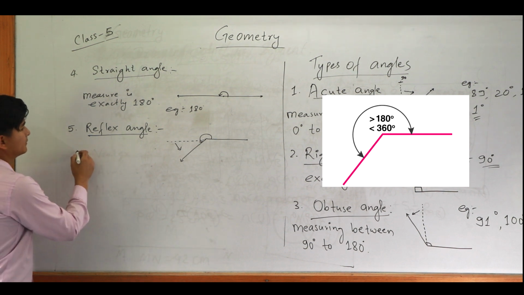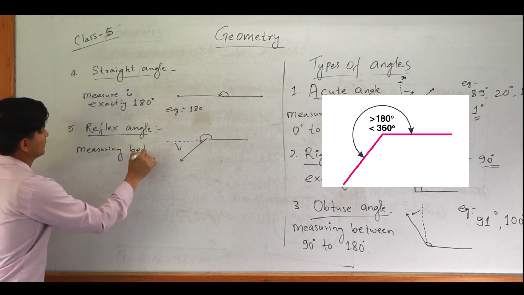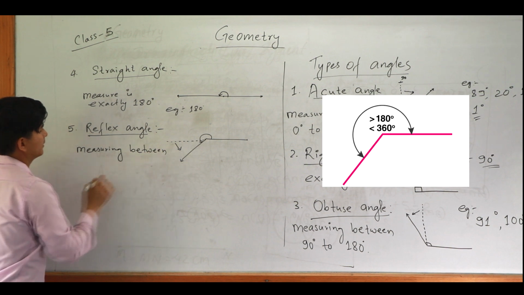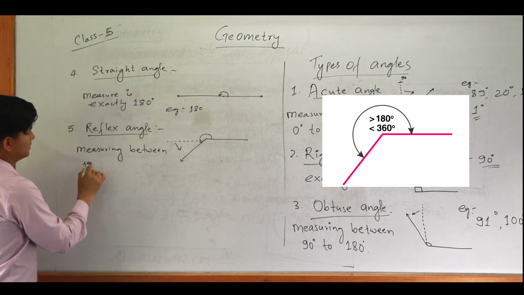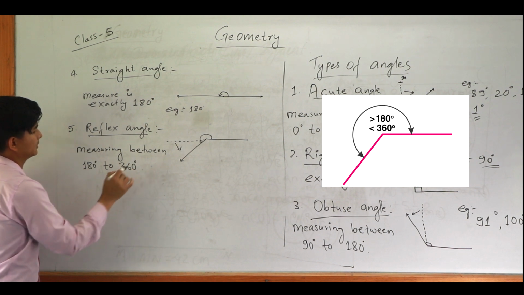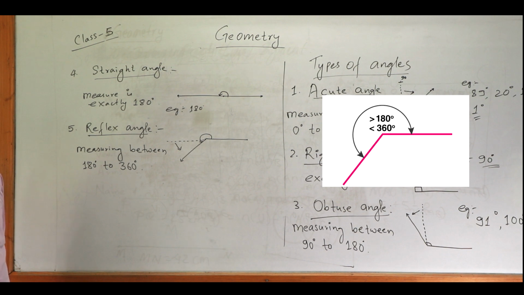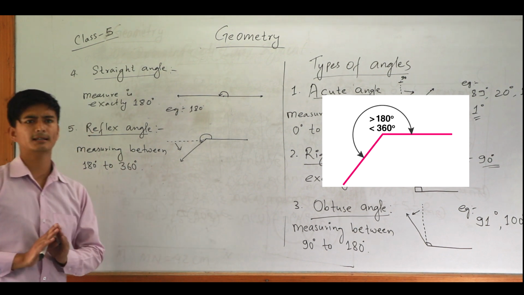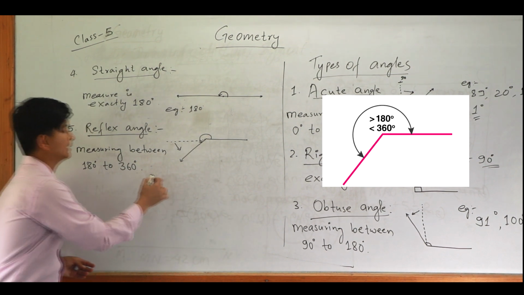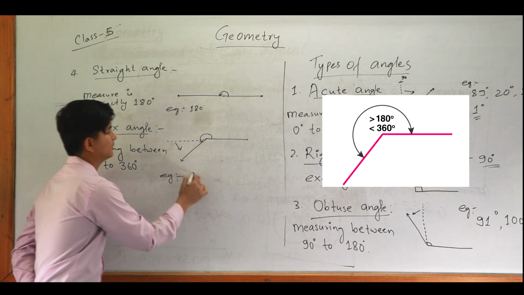Okay, so you can write here measuring between 180 degree to 360 degree. Okay, so if it is between 180 and 360, that is a reflex angle. So an example you can also take like that.